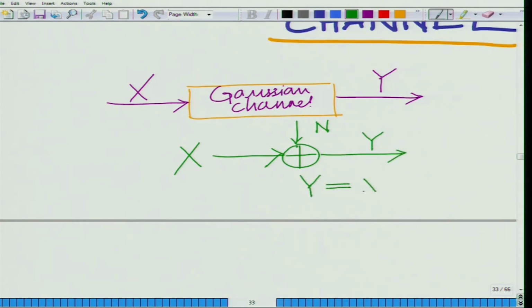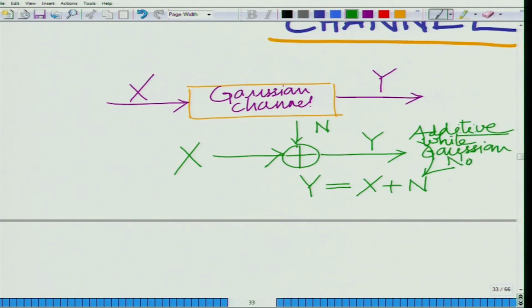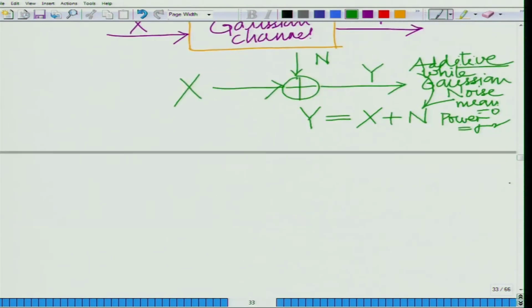So we have y equals x plus n, where n is additive white Gaussian noise with mean equals 0 and power equals the variance equals sigma square.